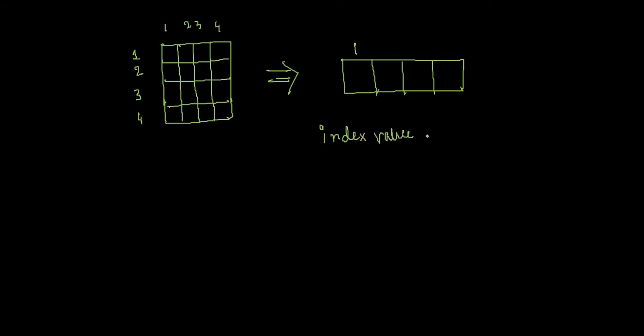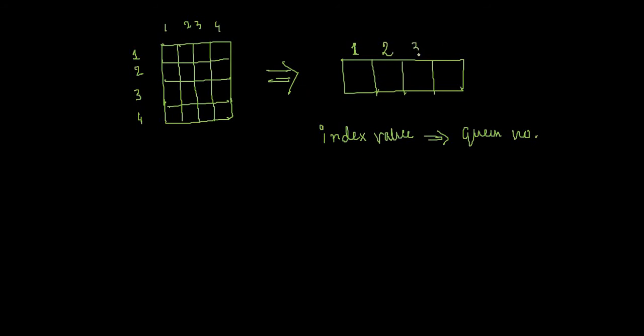So that means I can represent this two-dimensional view in one-dimensional form, where the index value will represent the queen number. So first queen has to be placed in the first index. Second queen has to be placed in the second index.